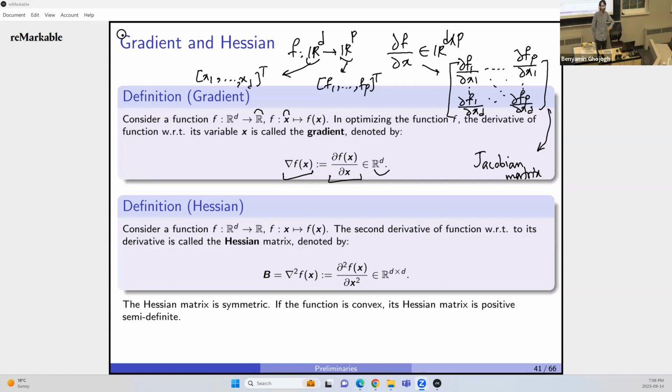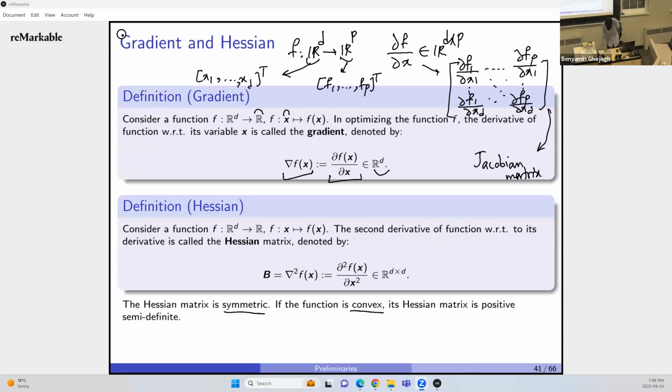First, let's take the first order derivative. What will it be? It will be a vector. Then take the derivative of that d-dimensional vector with respect to x, which is also d-dimensional. Then you will have a D by D matrix. Hence, Hessian is a square matrix. It's not a rectangular matrix. It's a square matrix. Also, it's symmetric.